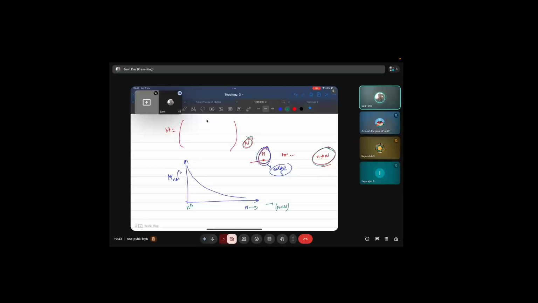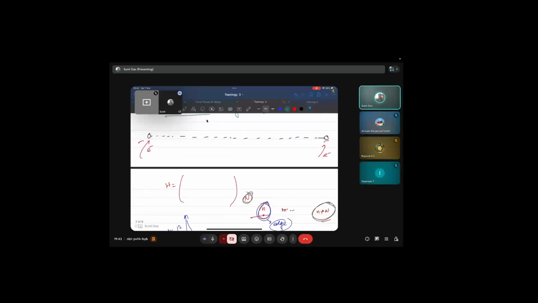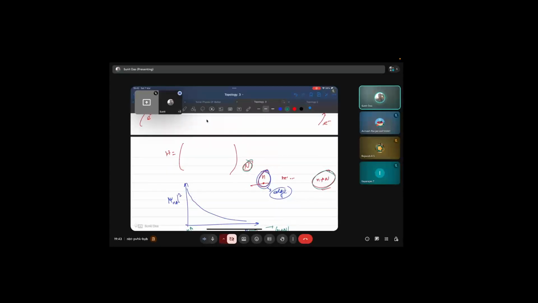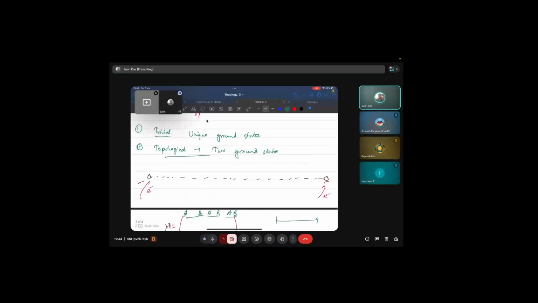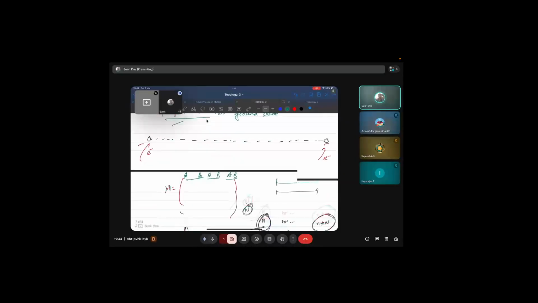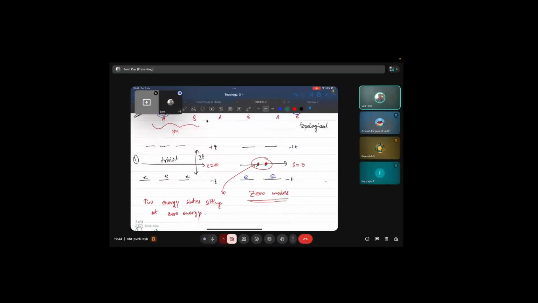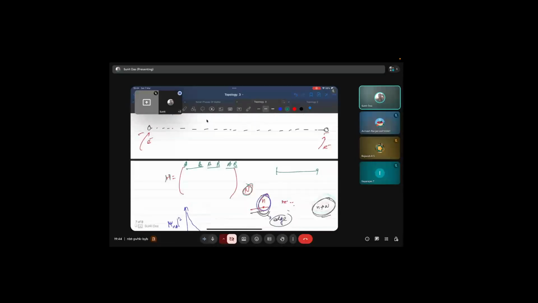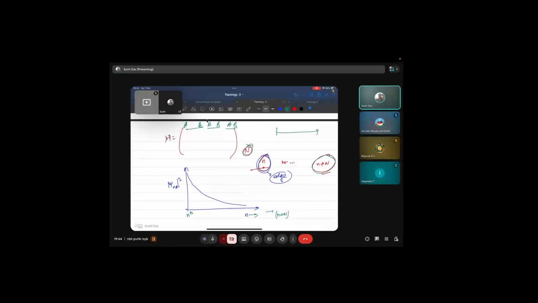So what people notice is that this edge state, and how do you do it actually? The algorithm is pretty simple. You have a Hamiltonian, and you write A and B, A and B, A and B, because that's how the system is. You have a finite system, so you consider each unit cell with A and B type of atom, and depending on whether you are in the trivial or topological case, you put in the hopping terms correspondingly, and you diagonalize the Hamiltonian.